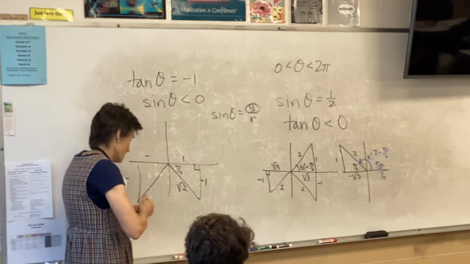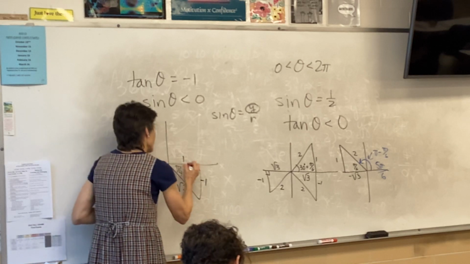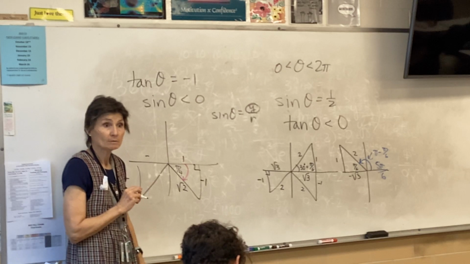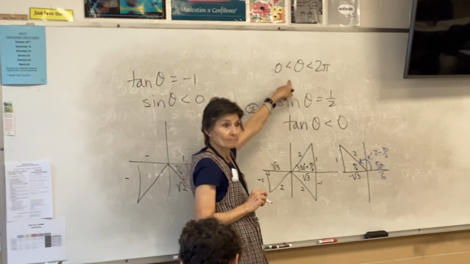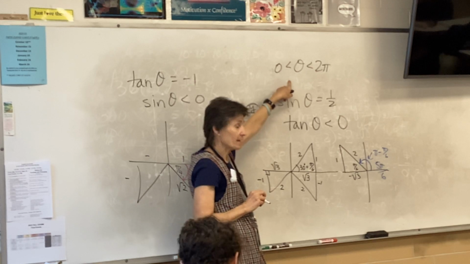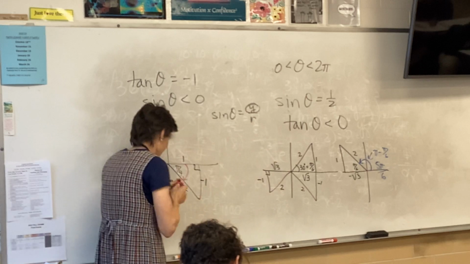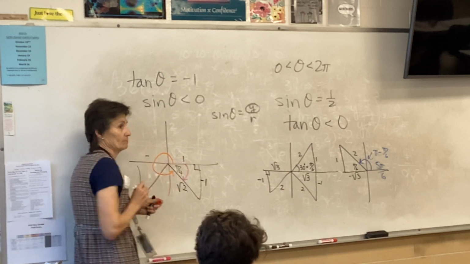Now, pi over 4 is not the answer. You could say negative pi over 4, except these are the directions. So negative pi over 4 isn't the way they want you to write the answer. They want you to give me this answer.